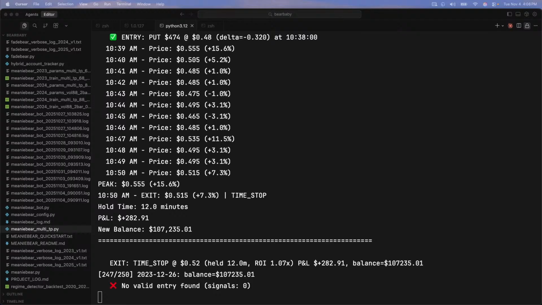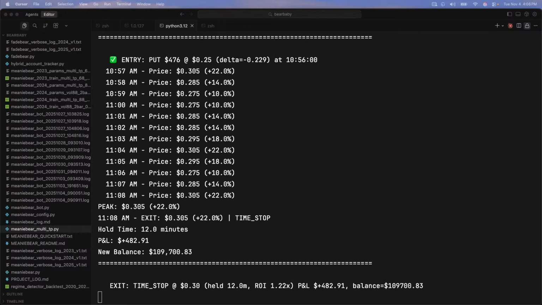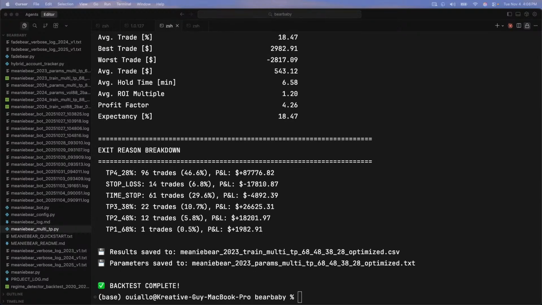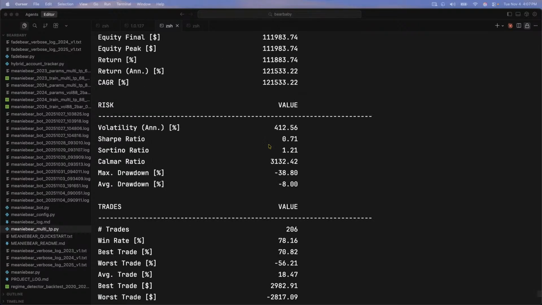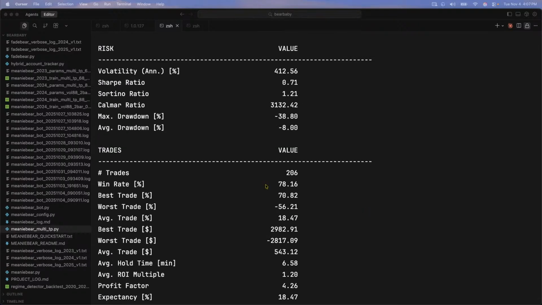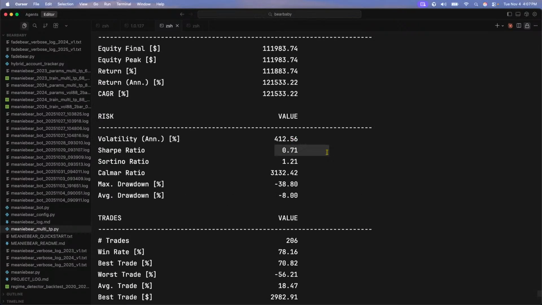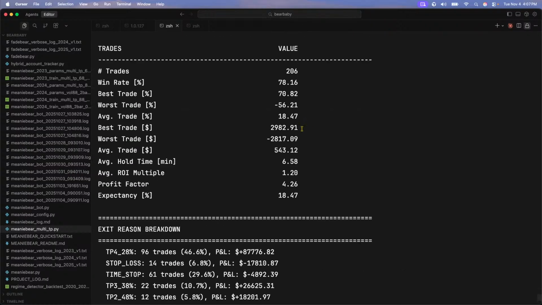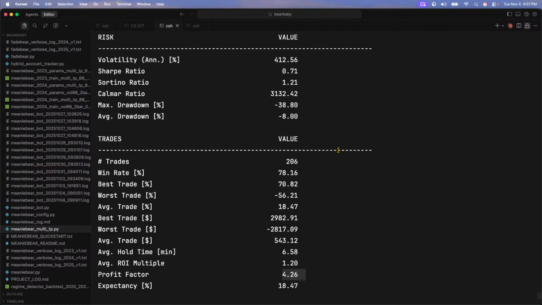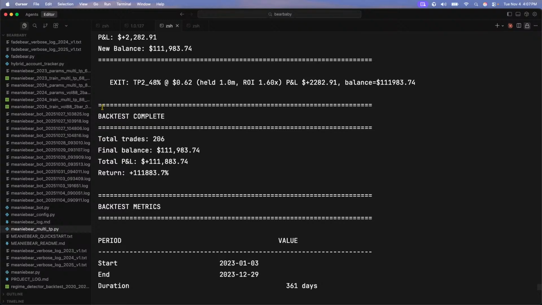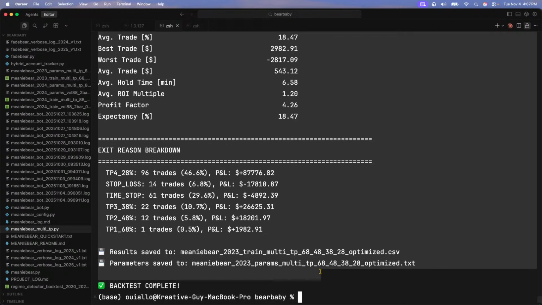Hold on. About 107,000, bro. Miami Dolphin. So we kept Bradley Chubb, but we traded. That's weird. 78%, 0.71, 4.6. I love this for us. This is great.